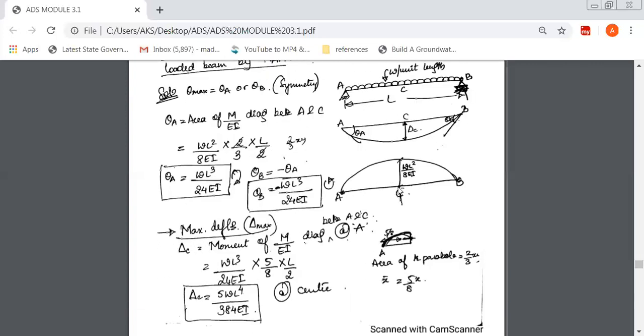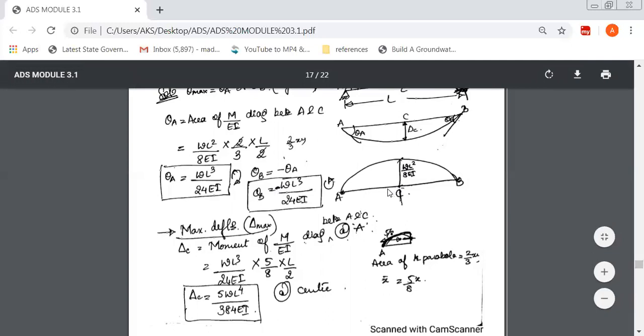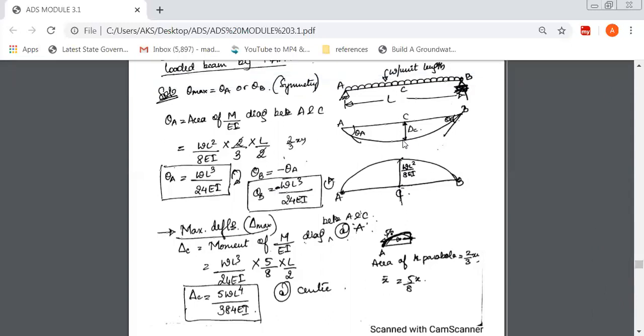Next, maximum deflection. If you want to find the maximum deflection, that is delta C, apply Mohr's second theorem, that is the deflection theorem.